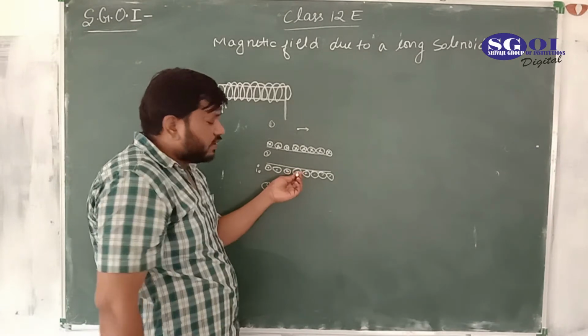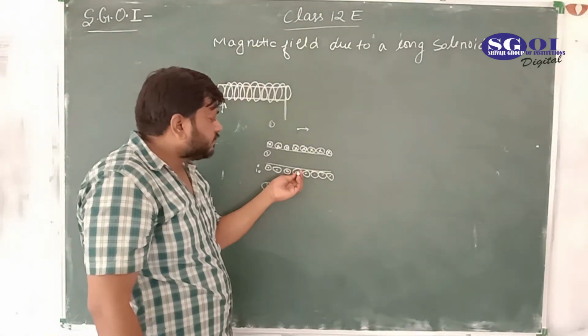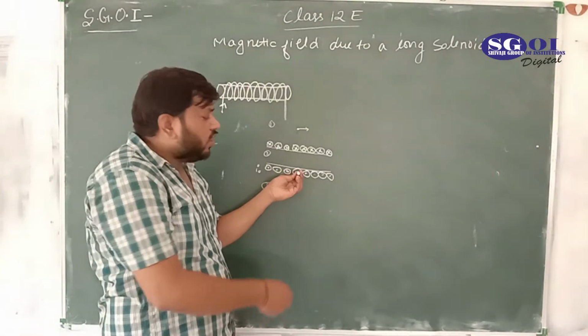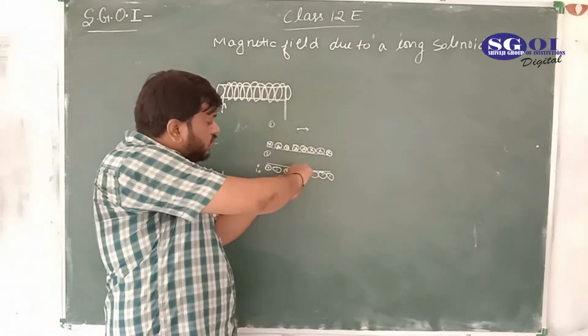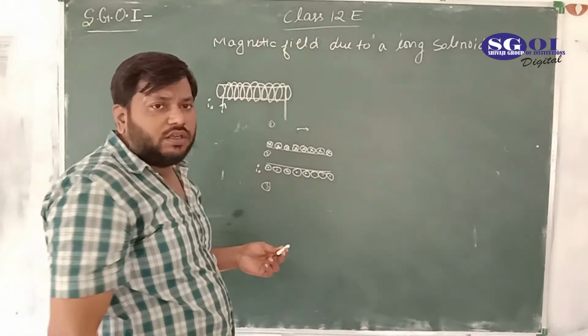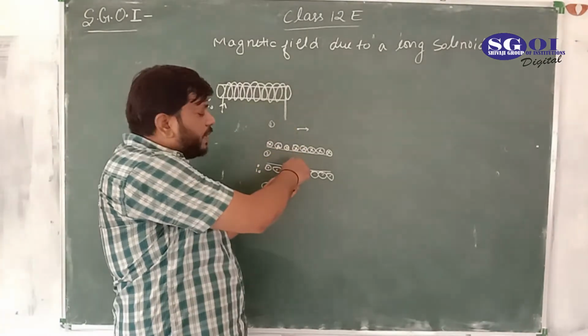Let's see this. But here we would not rotate the screw like this, because this is coming outward, and we would take the upper part also into consideration.